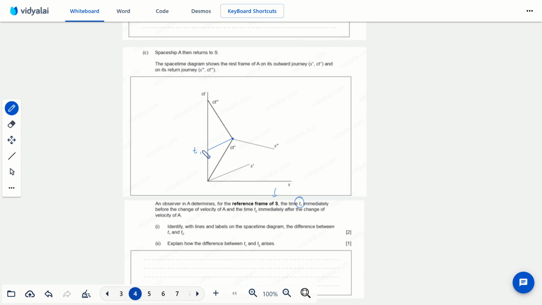So that becomes my T1, and the time right after the spaceship A has turned is a line which is parallel to X double prime. So I'm going to draw it right here and see if it's parallel.